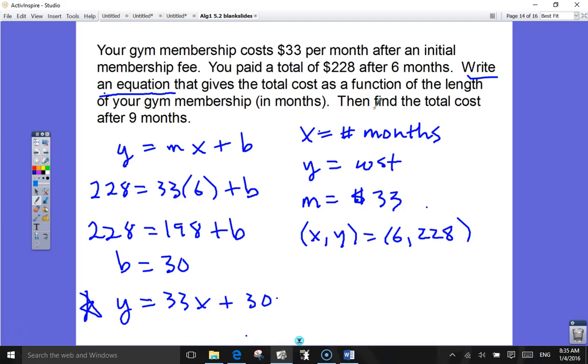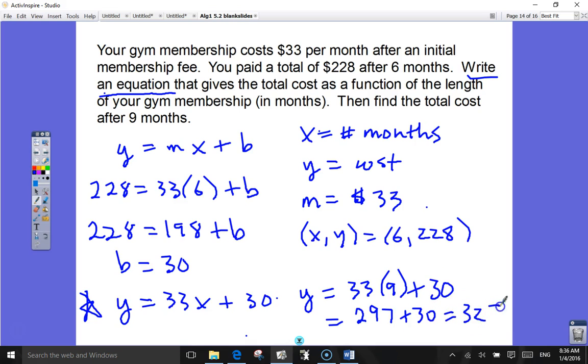This is like saying find f of 9. 9 times 33, 297. 297 plus 30, which is 327.